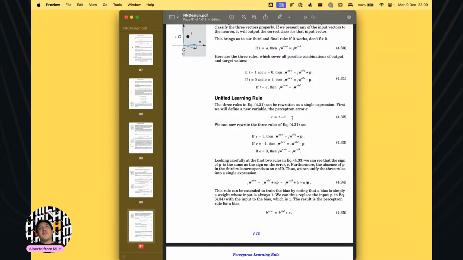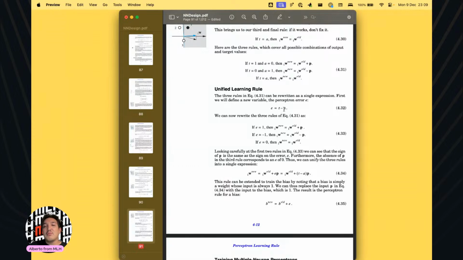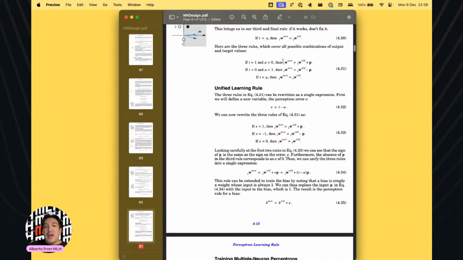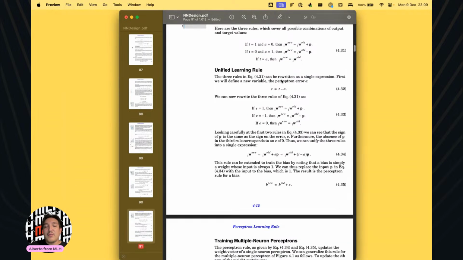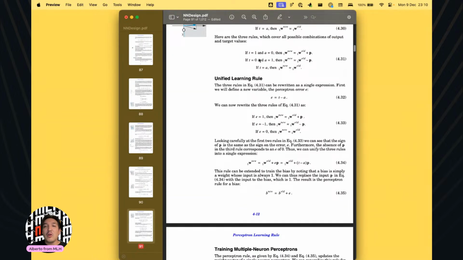To make a unified learning rule for this, we introduce the perceptron error criteria, which is the target minus the classification. We can now rewrite these equations from before to see if the error is positive, if the error is negative, or if the error is zero, which means no error. It will be almost the same.